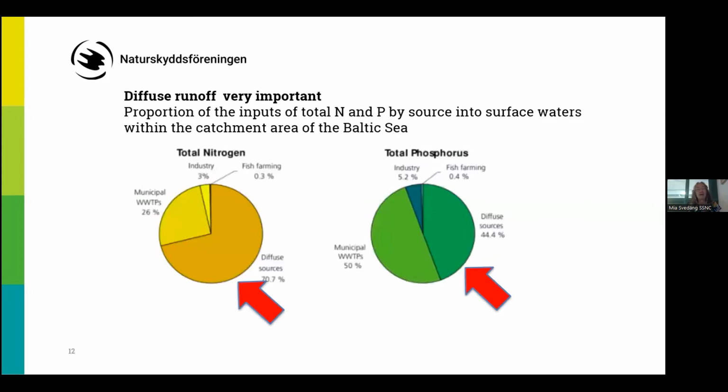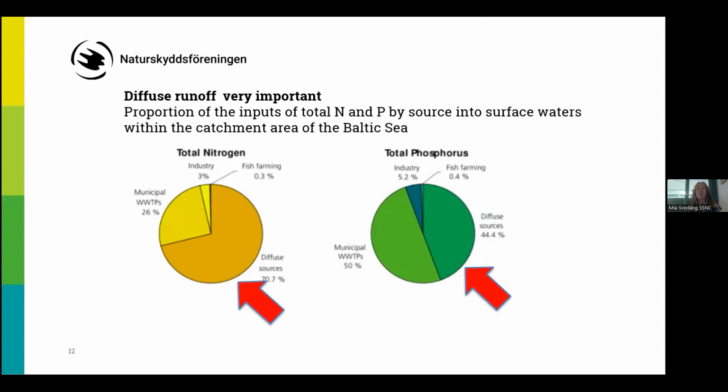And the diffuse runoff is really important when you're talking about nutrients. So if you look at these two pictures, one is showing the portion of total nitrogen, and one is showing the total phosphorus, you can see that the biggest part comes actually from diffuse runoff.